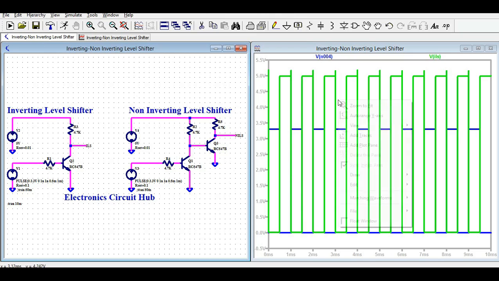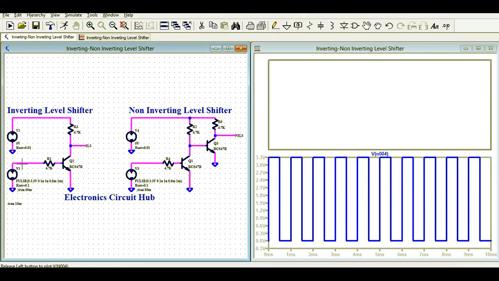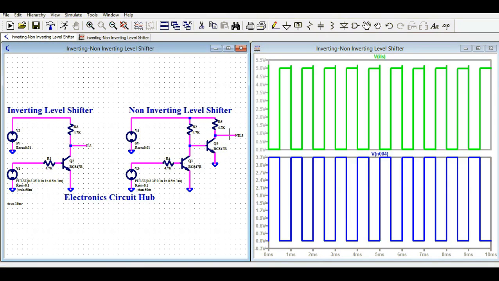Let me add 2 plot panes. This is for input, and this is for output, which I call ILS, the inverting level shifter. Your input is from 0 to 3.3 volt and your output is 0 to 5 volt.